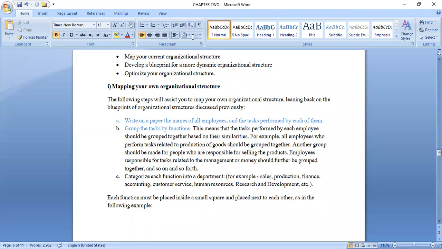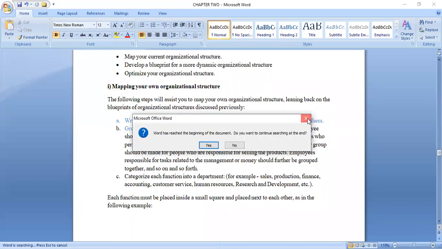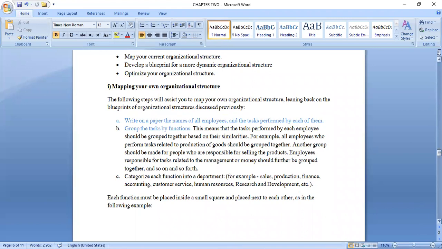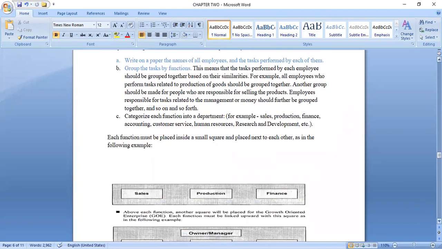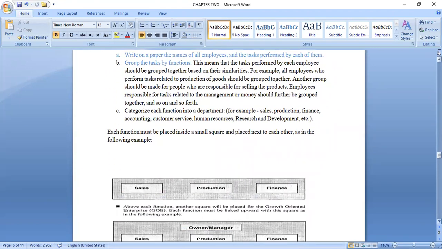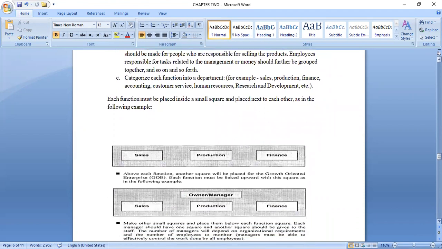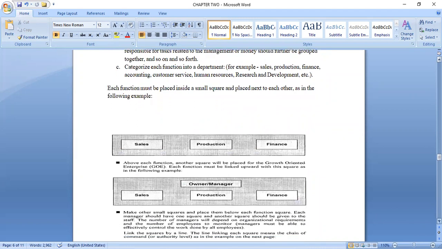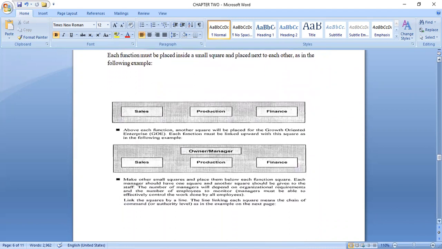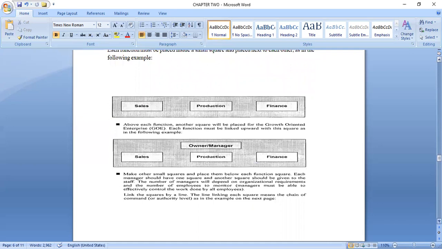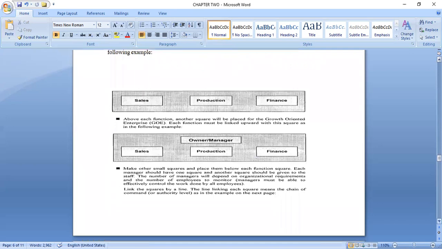So most of these names of these departments practically come from the functions performed by these workers. So at the end of the day, you will be able to know that your company has a sales department, a production department, the finance department, right? And you'll be able to categorize those departments.